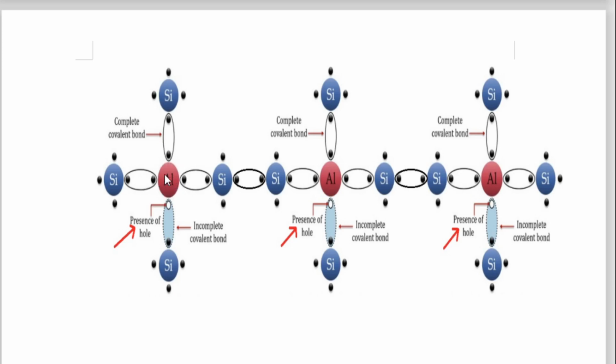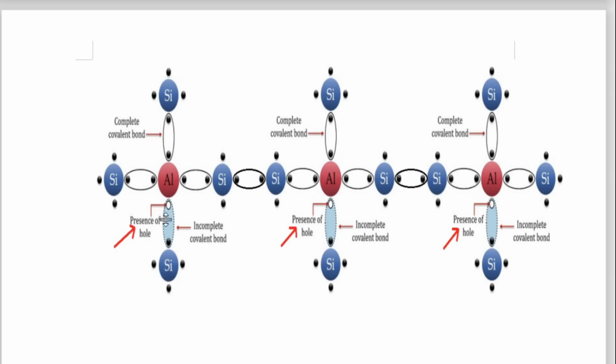So when this aluminum impurity atom is added into the silicon structure, it shares its 3 electrons with 3 neighboring silicon atoms, and it doesn't have a fourth electron to share with the fourth silicon atom.